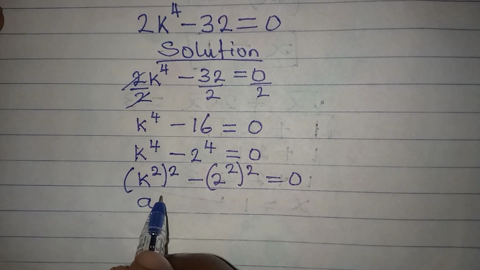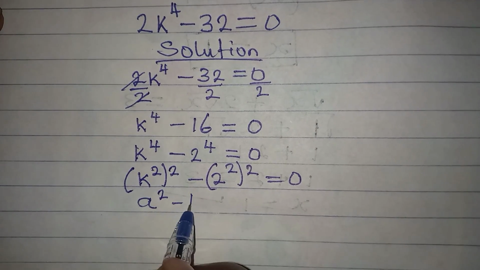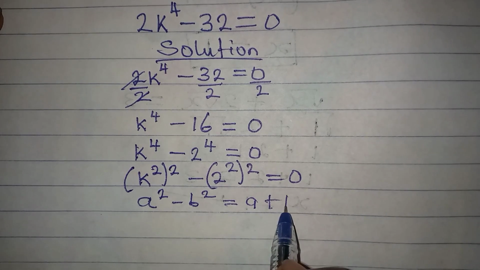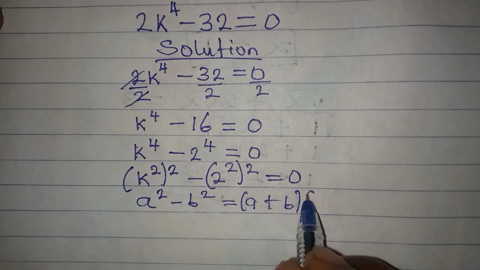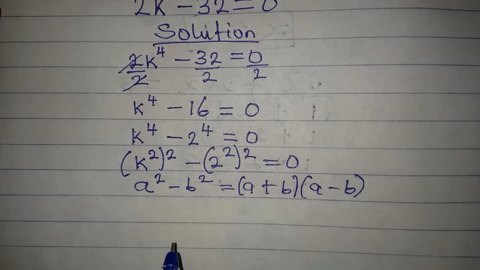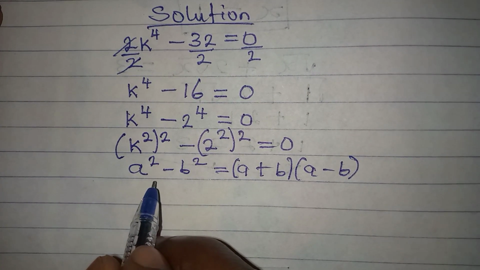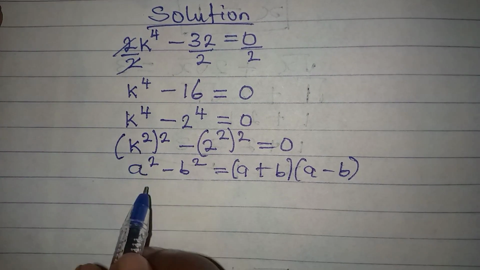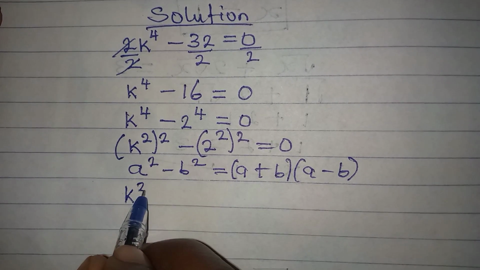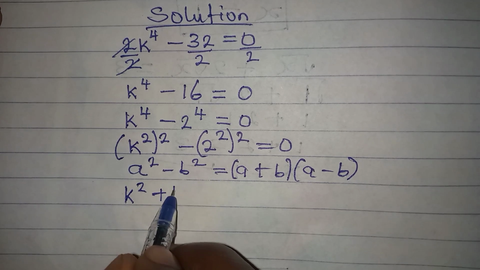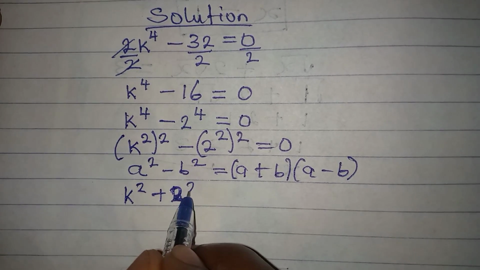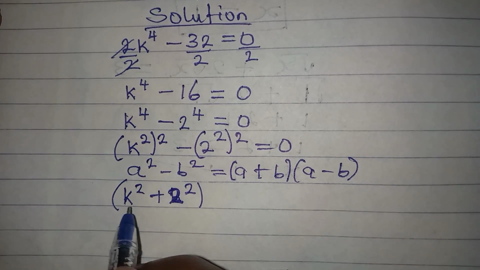According to difference of two squares, a squared minus b squared will be equal to a plus b into a minus b, right? If this is the case, then in place of a plus b, I will have k squared plus 2 squared, because b is now 2, in the first bracket.